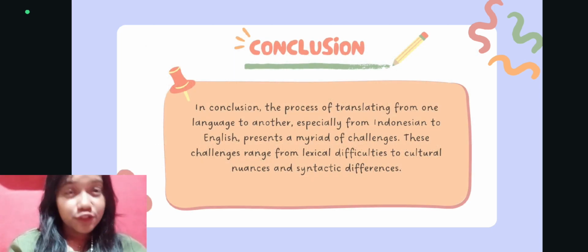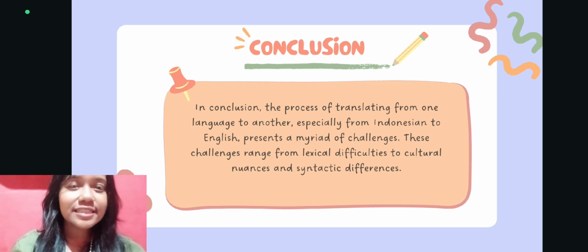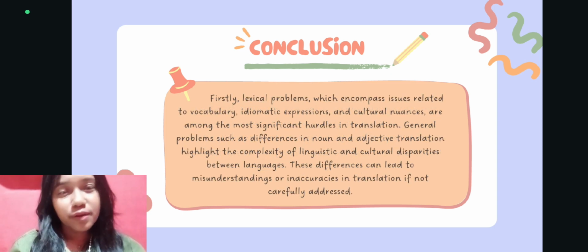So guys, in conclusion, the process of translating from one language to another, especially from Indonesian to English, presents a myriad of challenges. These challenges range from lexical difficulties to cultural nuances and syntactic differences. Firstly, lexical problems, which encompass issues related to vocabulary, idiomatic expressions, and cultural nuances, are among the most significant hurdles in translation. General problems, such as differences in noun and adjective translation, highlight the complexity of linguistic and cultural disparities between languages.